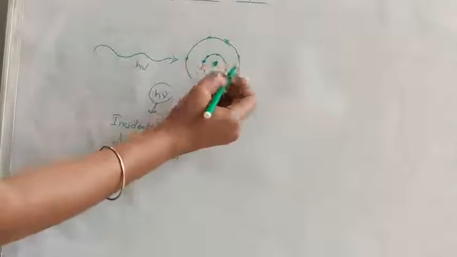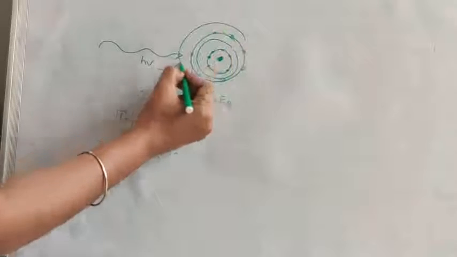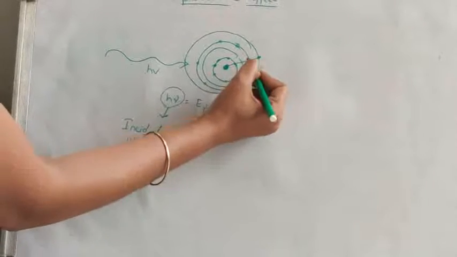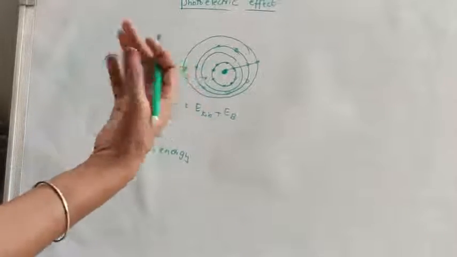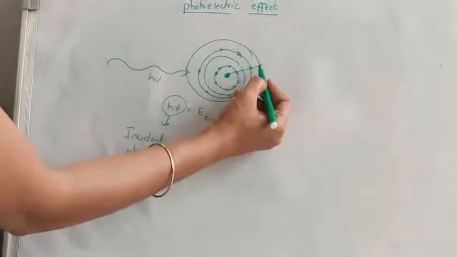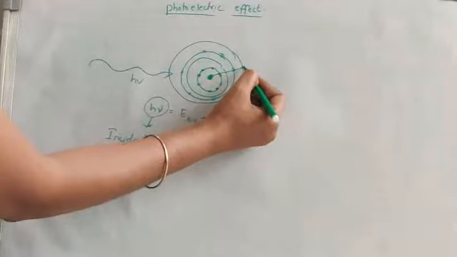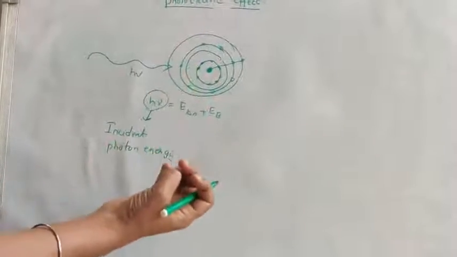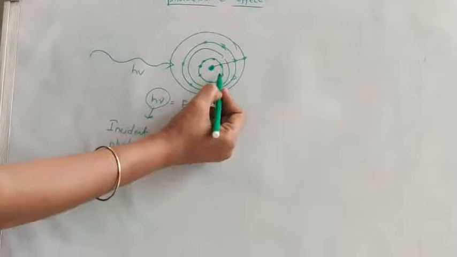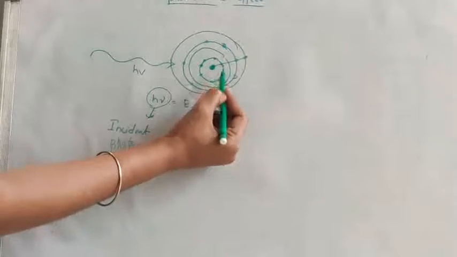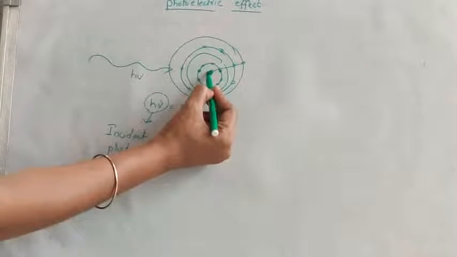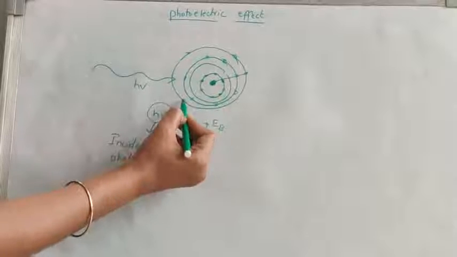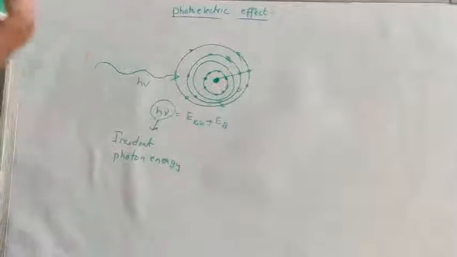If you go away from the nucleus, the distance between the nucleus and the outermost electrons is more, so less binding energy exists between proton and electron. Therefore we require high energy to remove an electron present near the nucleus, whereas the electrons at the outermost orbitals require less binding energy.